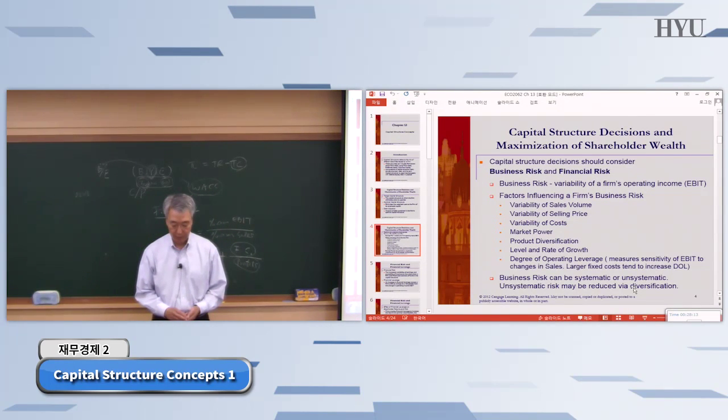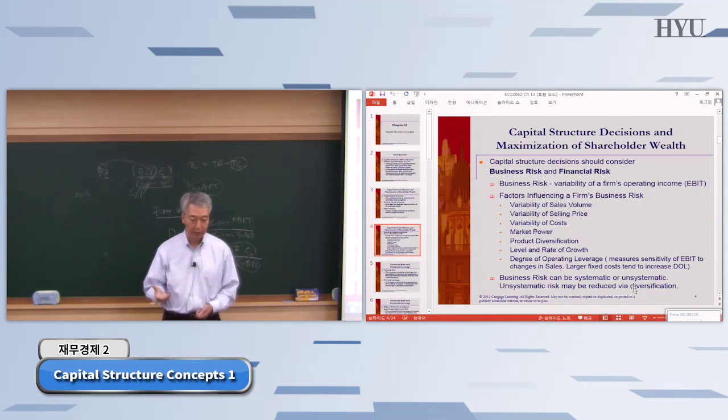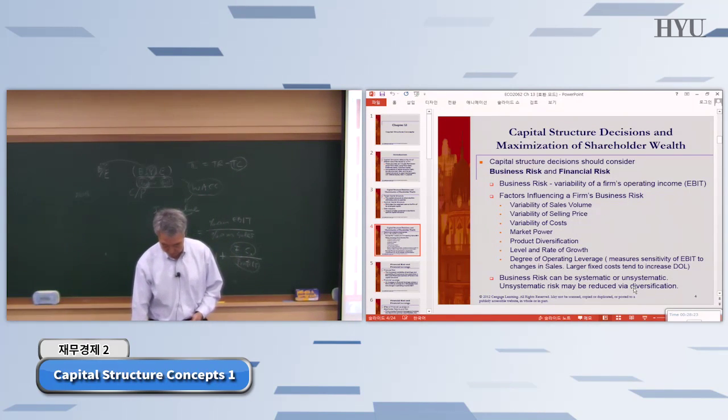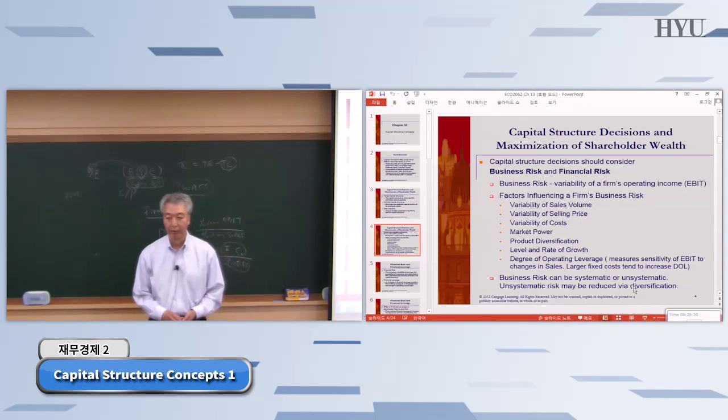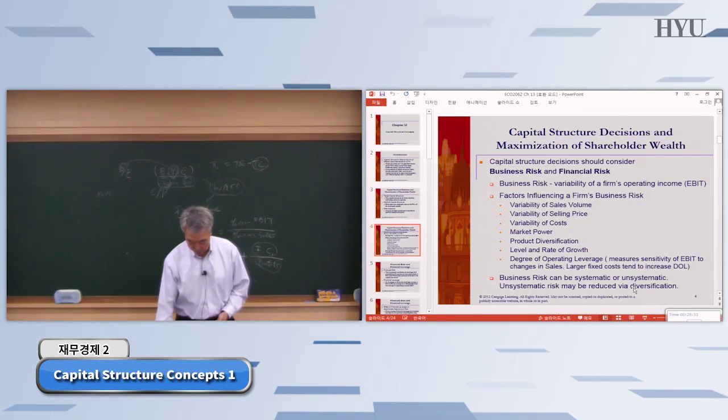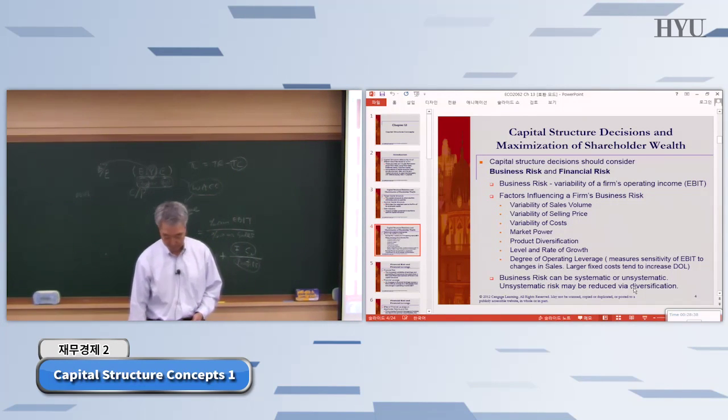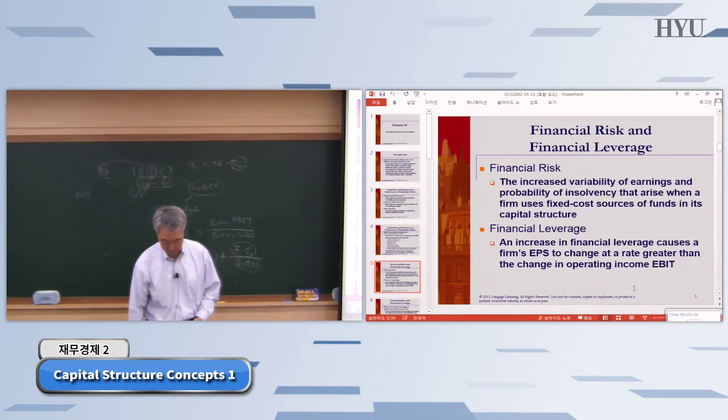So systematic risk depends on what happens to the market. As the overall market risk increases, the systematic risk will increase. Unsystematic risk is firm-specific risk, for an individual company. So by having a variety of companies in your investment, you can reduce unsystematic risk. Okay, that's the idea. Pretty familiar.